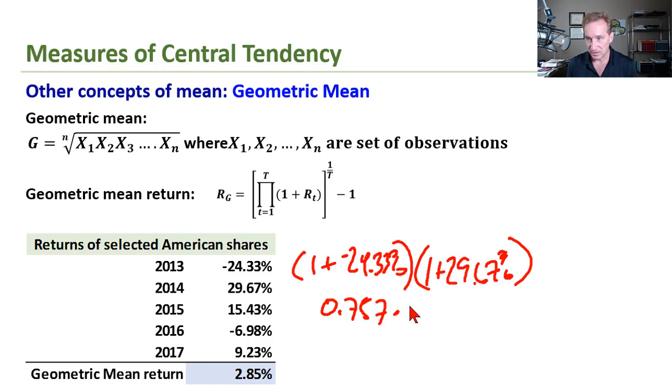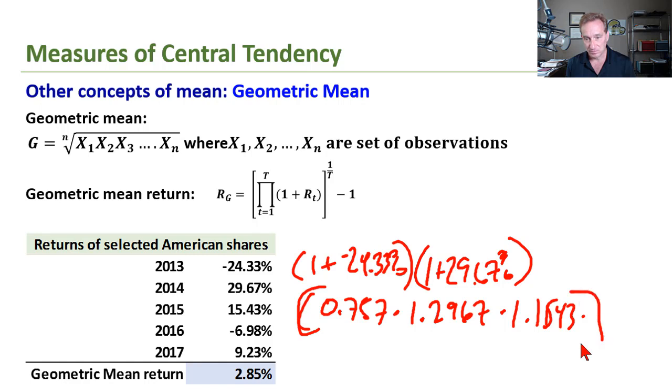We're multiplying it by 1.2967, multiplying that by 1.1543, and so on. So we have the product here of 5 values, and then we're raising that to the 1/5 power and subtracting 1 to get a geometric mean return, which, because these are annual periods, we also call the compound annual growth rate, or CAGR.